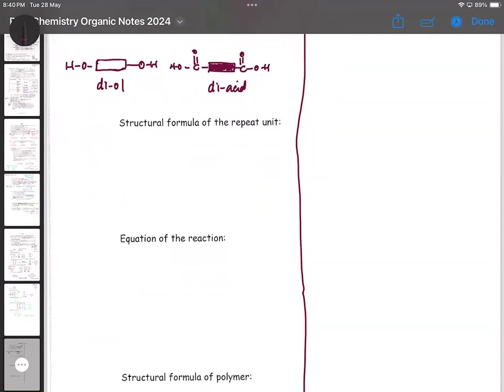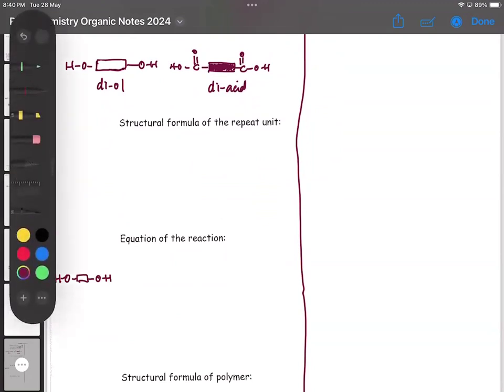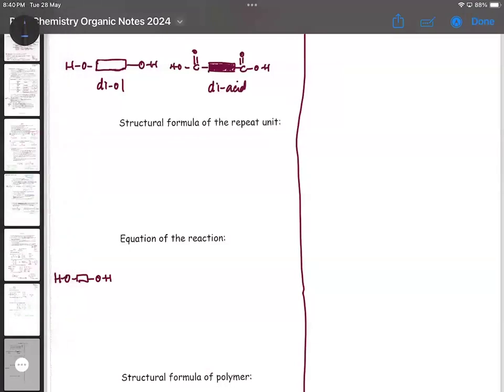Two acids. Let me squeeze in here. I will color code them, then it's easier to see. So my acid, I will draw it in blue. This is the black box.